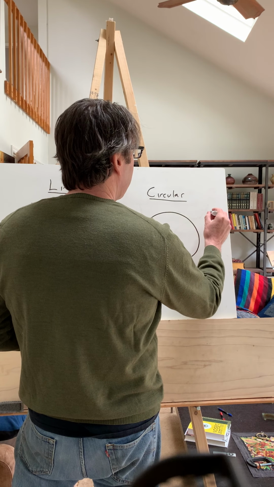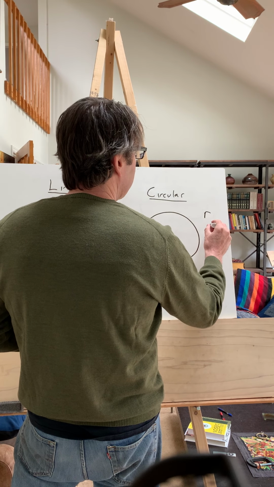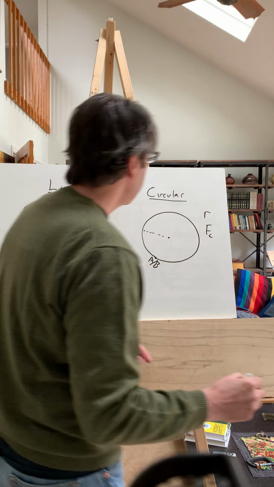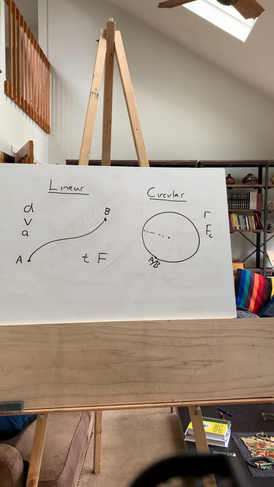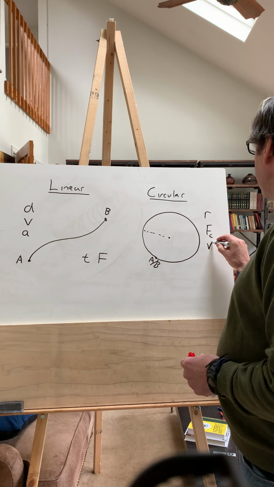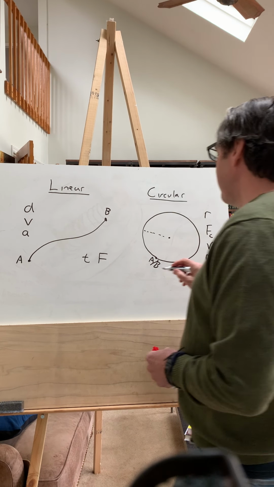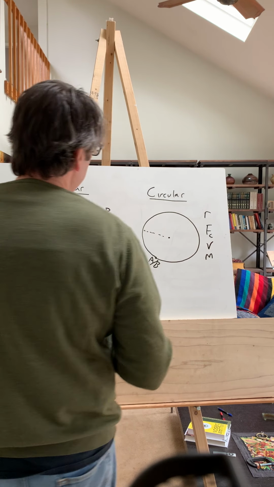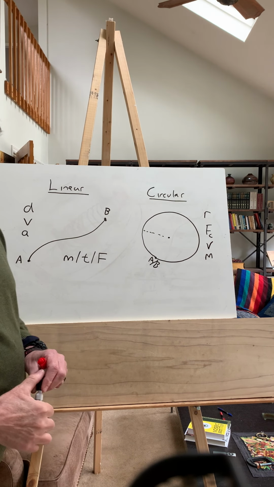One is radius and centripetal force. And we still have velocity, and of course mass figures into each of these.